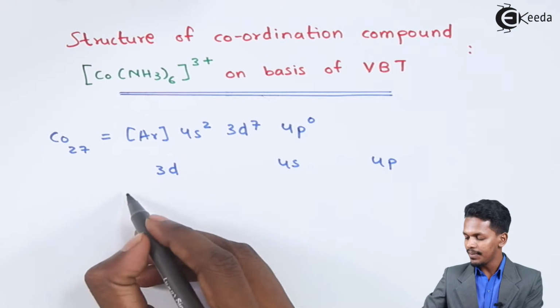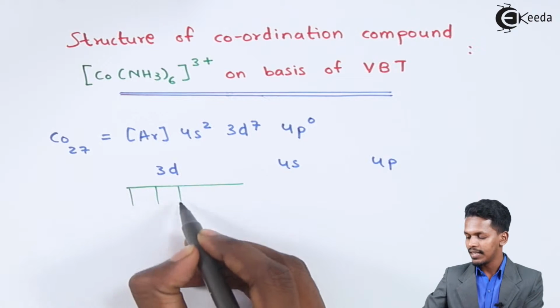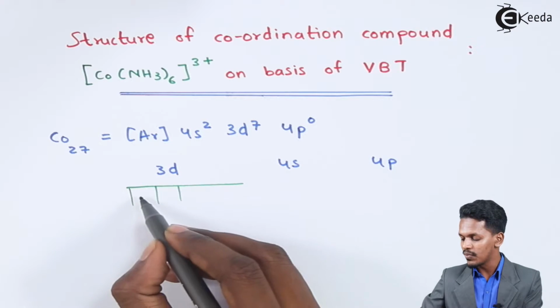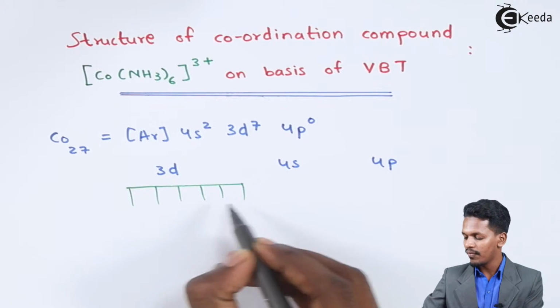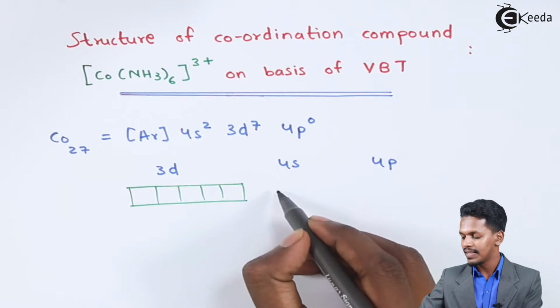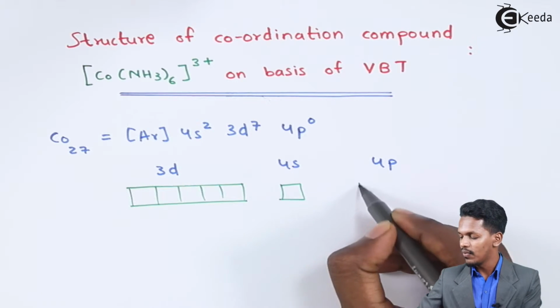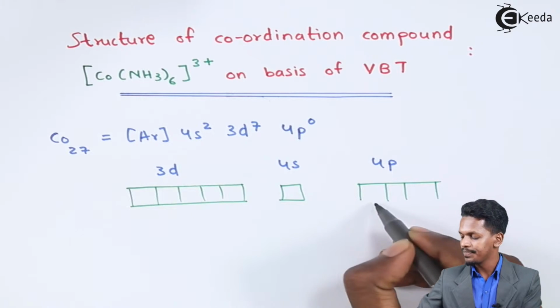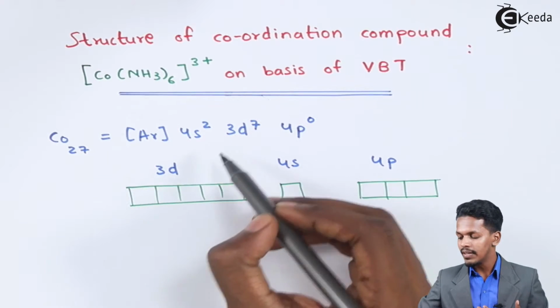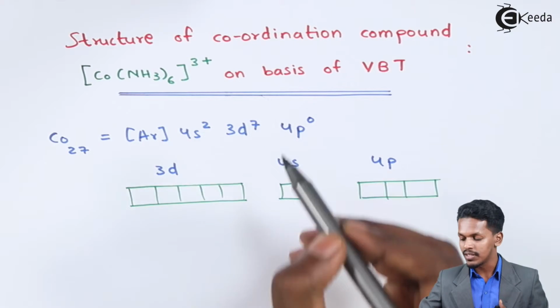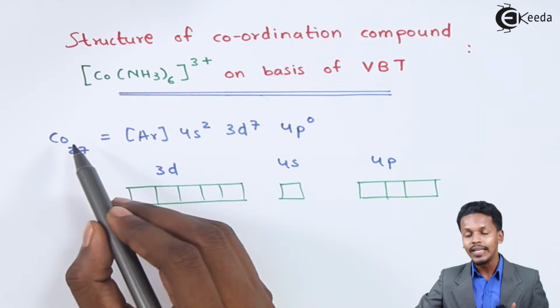The 3d orbital is a subshell which consists of 5 orbitals, 1 2 3 4 5. The s consists of only 1, while the p consists of 3. So this 3d has 7 electrons.